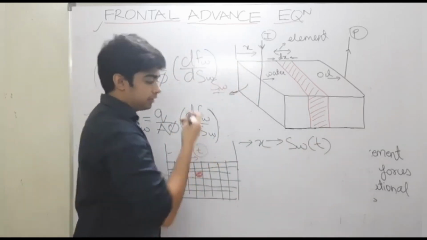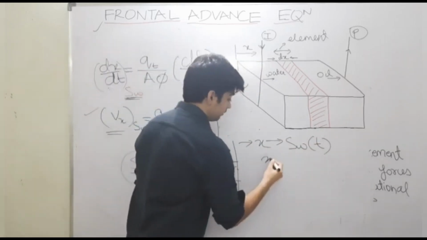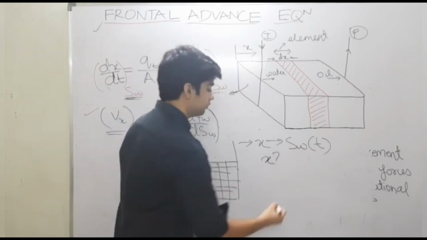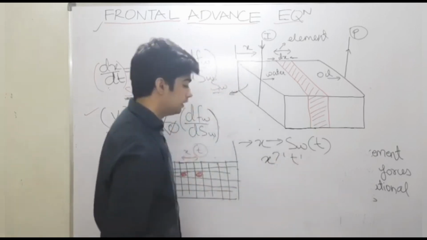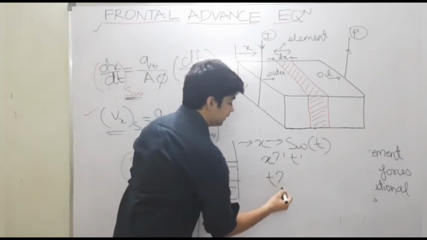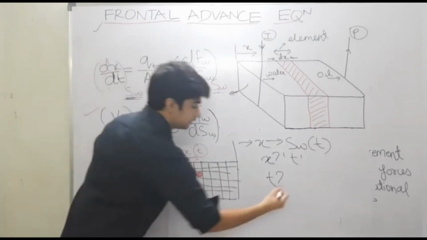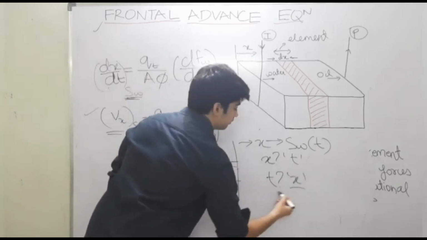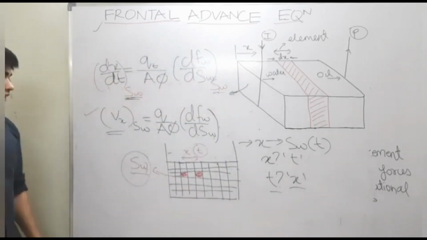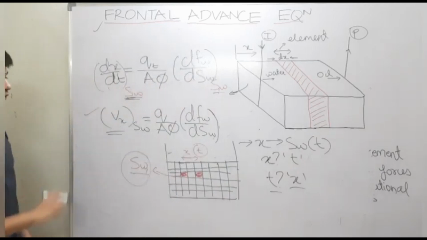Interchangeably, you can ask the position given that the saturation has traveled time t, or you can ask how much time this saturation will take to cover distance x. So this is what we obtain with the help of these equations.